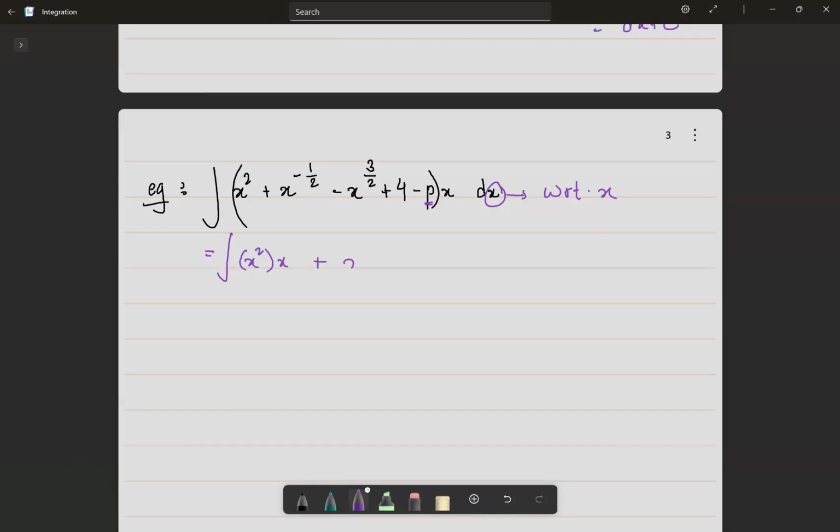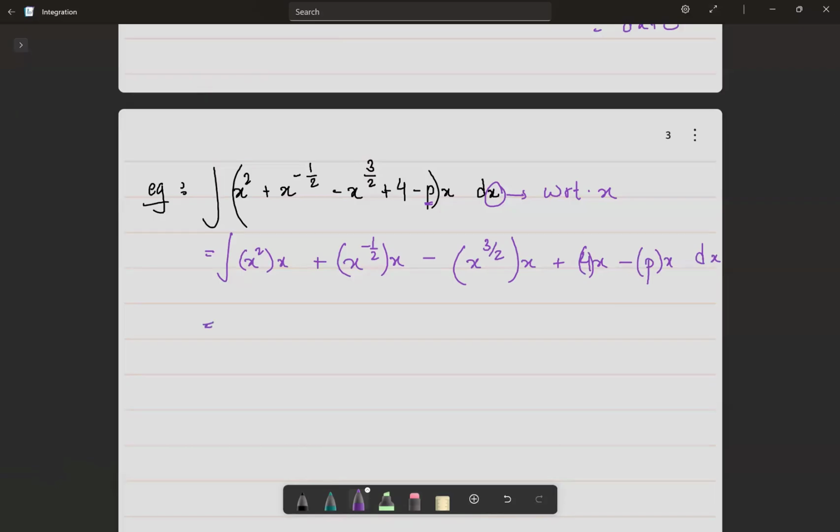Then you will have x to the power of minus half multiplied with x. Then you will have x to the power of 3 by 2 multiplied with x. Then you will have 4 multiplied with x. And lastly, you will have minus p multiplied with x, and you have a dx in here.